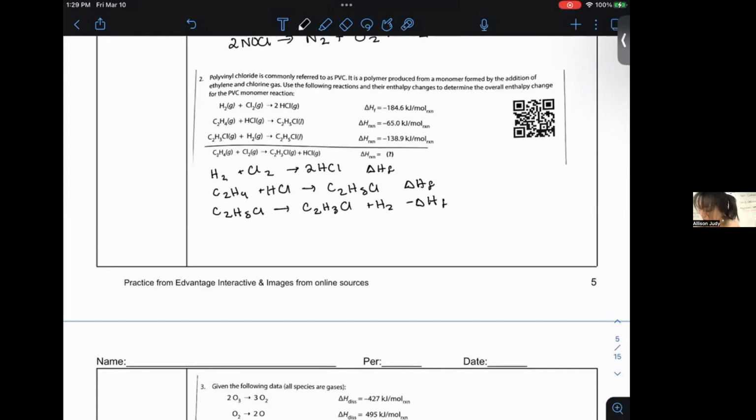And that should get me, when I sum them up, I cancel out this HCl, leaving me with one HCl, which is what I want. I cancel out my C2H5Cl, and I cancel out my H2.